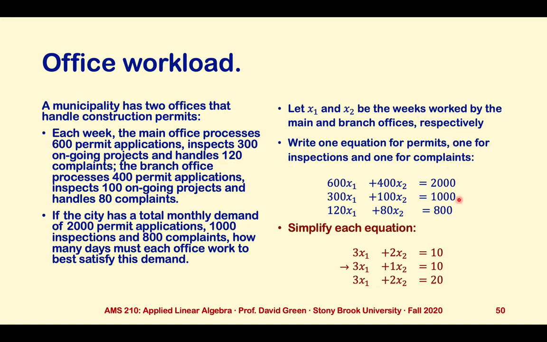And in each case, our right-hand side is going to have our total demand, and our left-hand side is going to have the amount handled of that type for each office. 600x1 plus 400x2 equals 2,000 as an example for the permits. Then the equation for inspections, the equation for complaints.